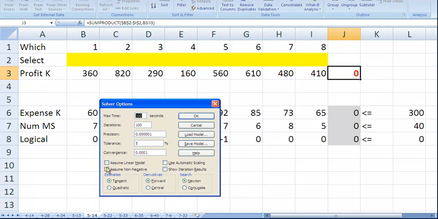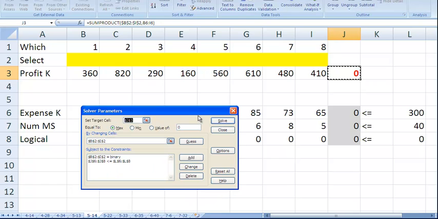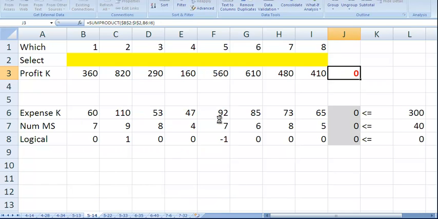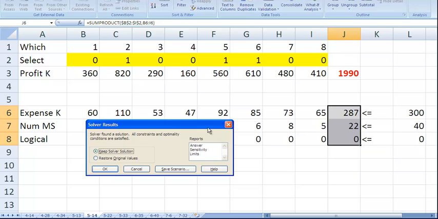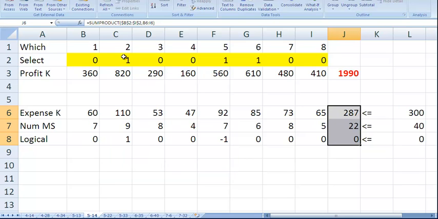Options: because of that binary, I don't need to assume non-negative. Binary by definition is not negative, but I do need to check linear model. And Solver finds a solution. We take projects 2, 5, and 6. And notice that because I selected project 2, I also got project 5.